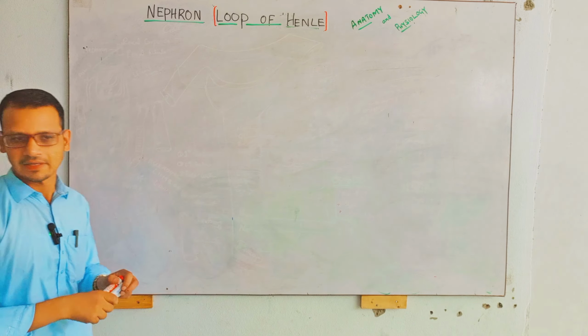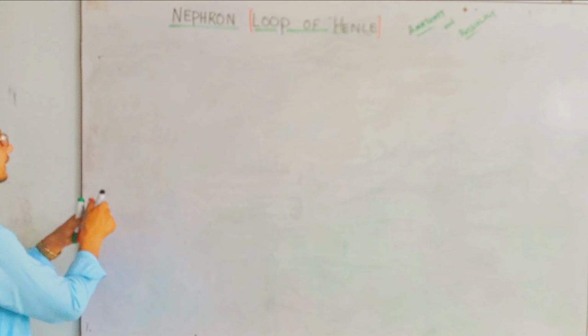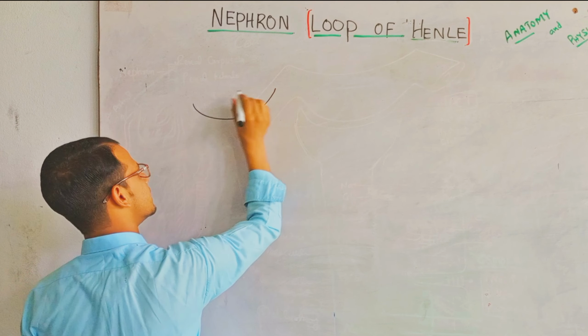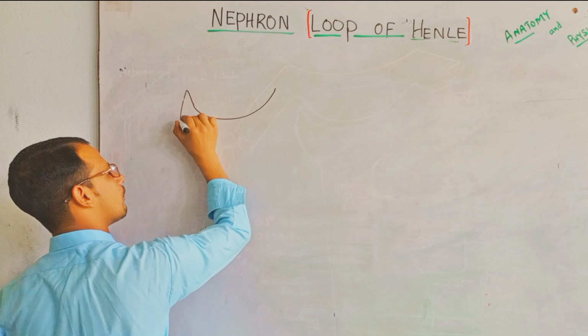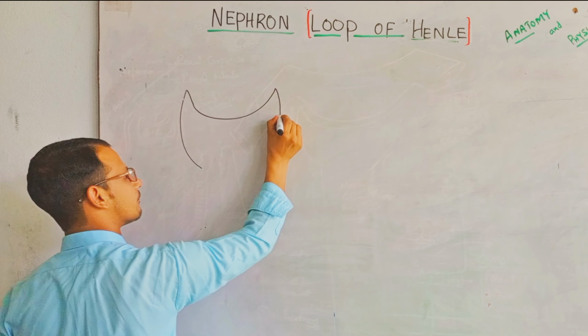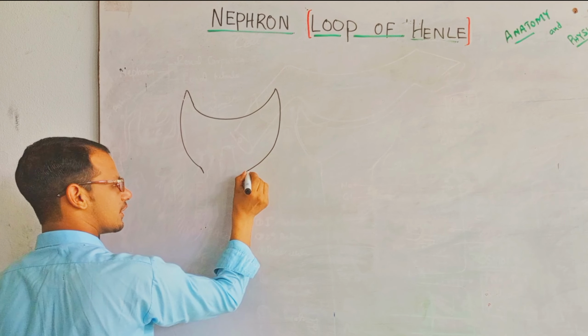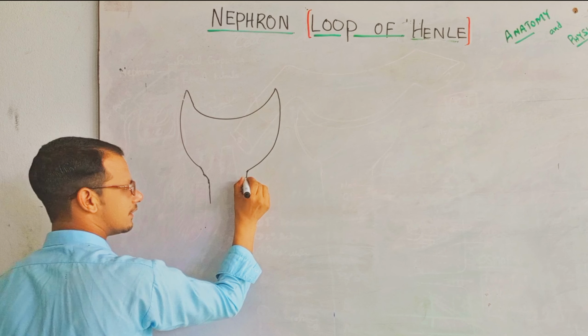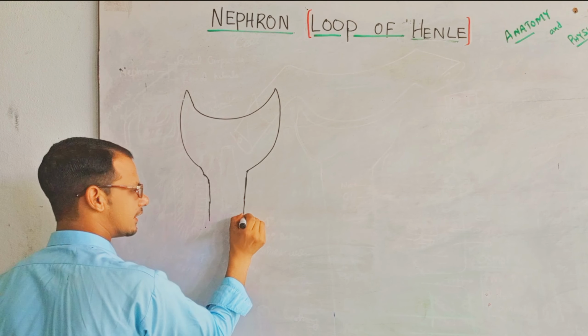Now, the loop of Henle. For example, from here we are taking the Bowman's capsule, and this short area is showing the proximal convoluted tubules.